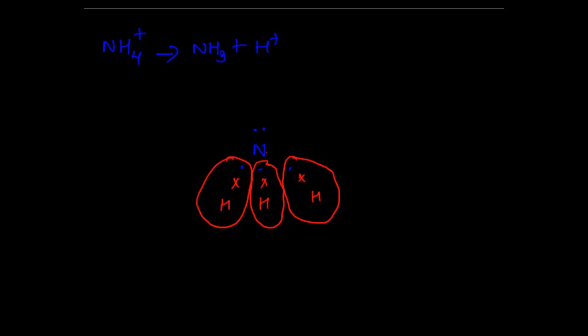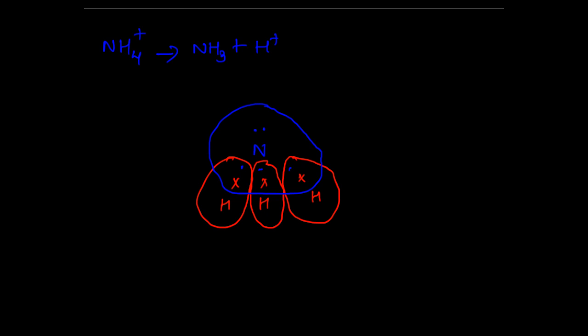And now since nitrogen has shared its electrons with hydrogen, the structure for nitrogen will be this. And nitrogen has gained octet state because it now has 8 electrons. Now this is the dot and cross diagram of NH3.